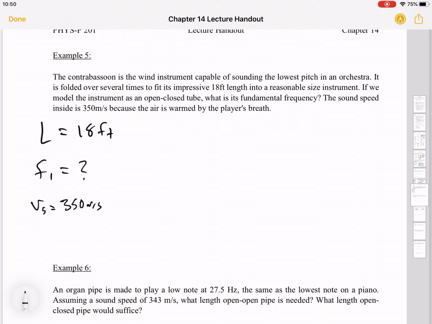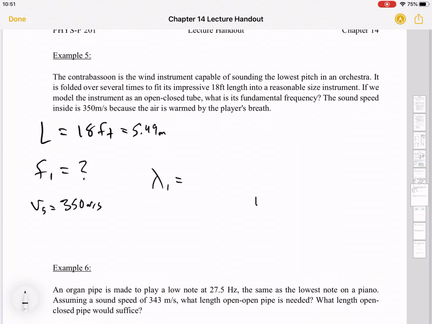Okay, so that's just plugging into the math here, right? So 18 feet, what is that in meters? Turns out to be 5.49 meters. So what is that frequency? Well, we have options. Let's do wavelength first.